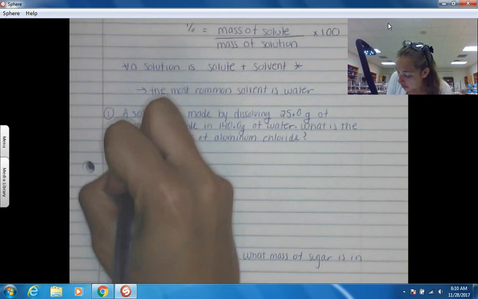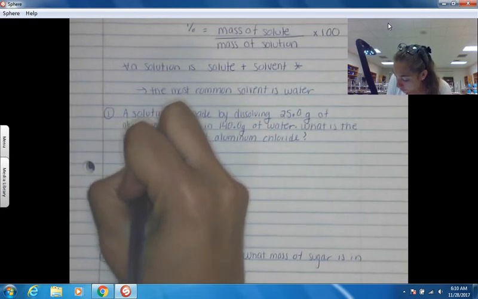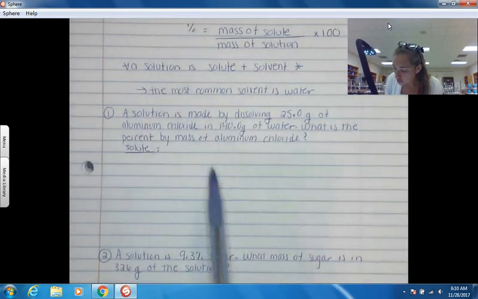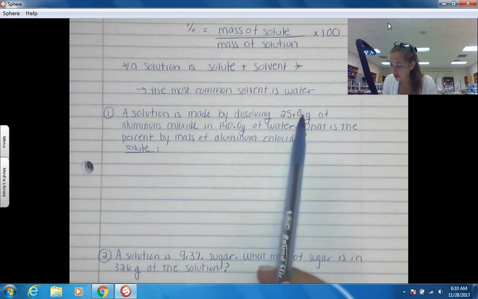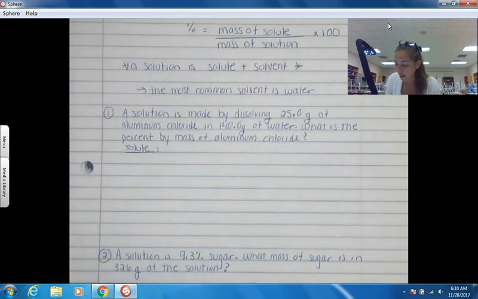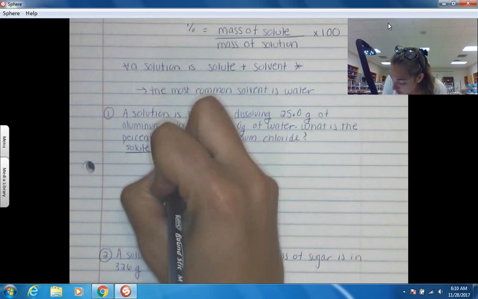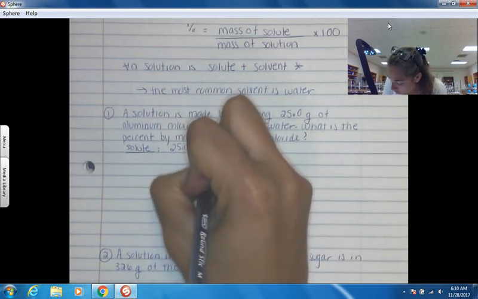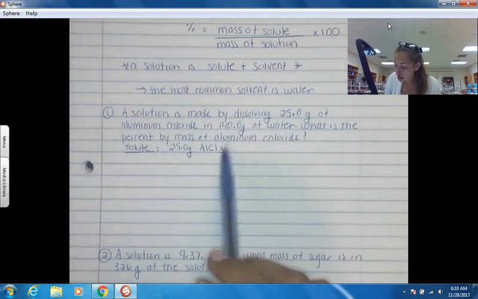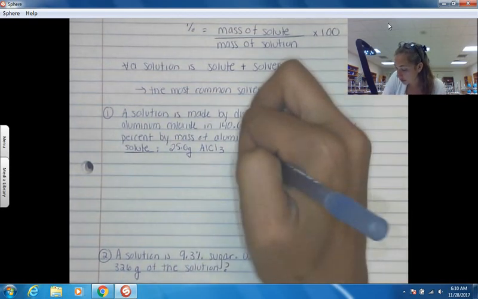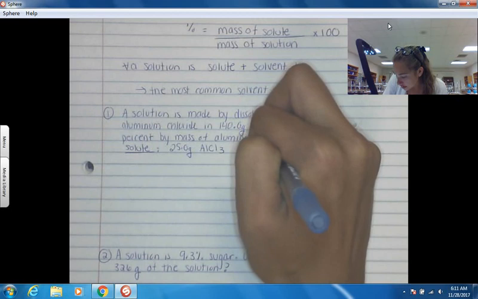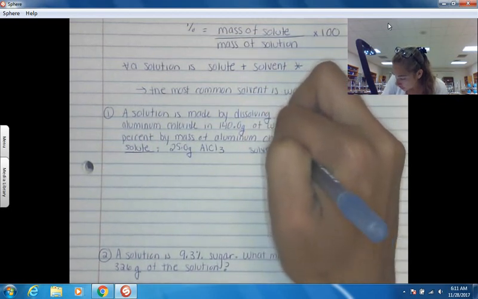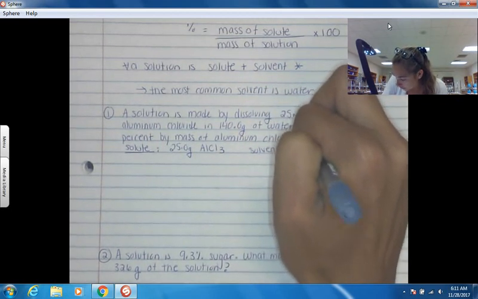Okay, so our solute: we dissolved 25.0 grams of aluminum chloride, so that's going to be our solute, into 140 grams of water. So then our solvent is going to be 140.0 grams of water.